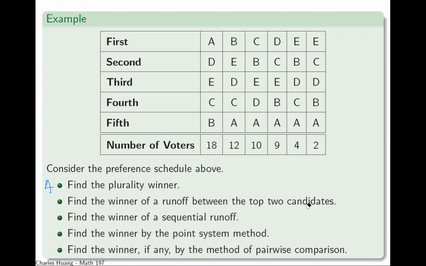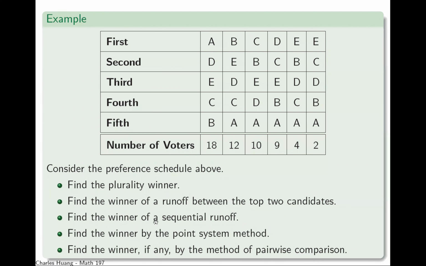Now, what if we need to do a runoff between the top 2 candidates? When we vote after the first round, you'll notice that A has 18 votes, B has 12 votes, so A and B are the 2 candidates with the most number of votes.